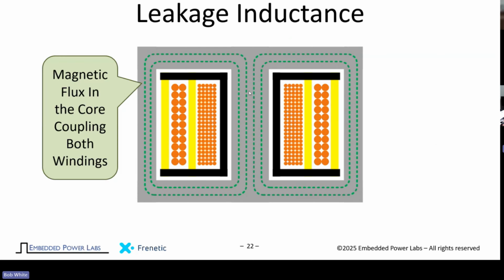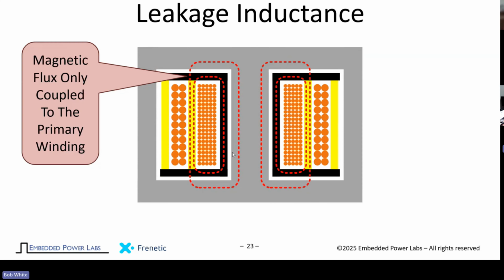These green lines here show the flux, and this flux is coupling both windings. But because these windings are not exactly overlapping, there is some flux that only the primary winding sees and not the secondary.